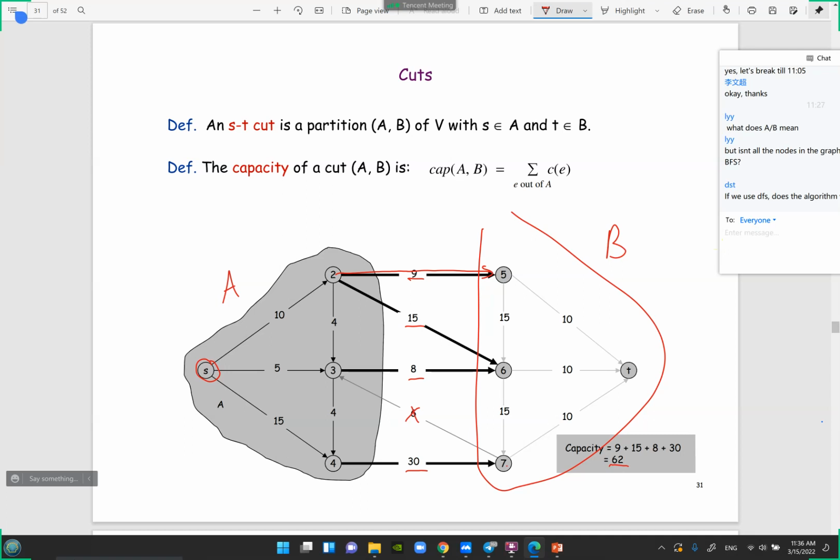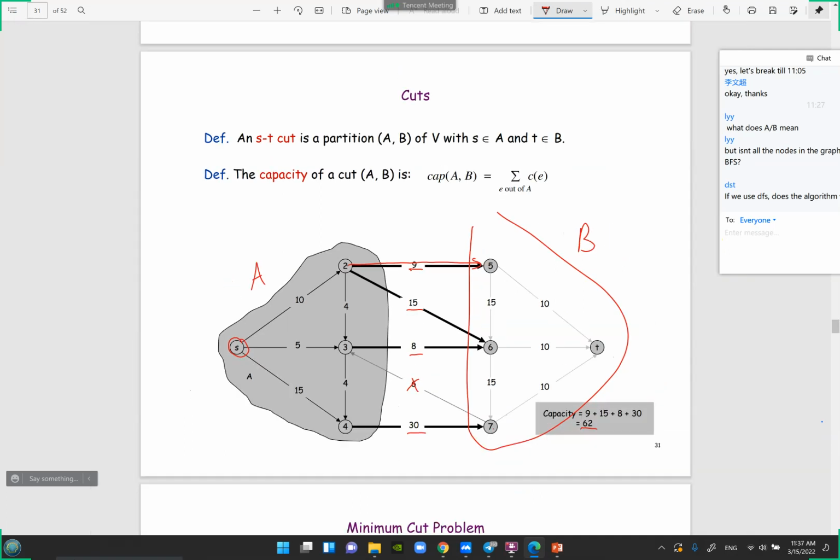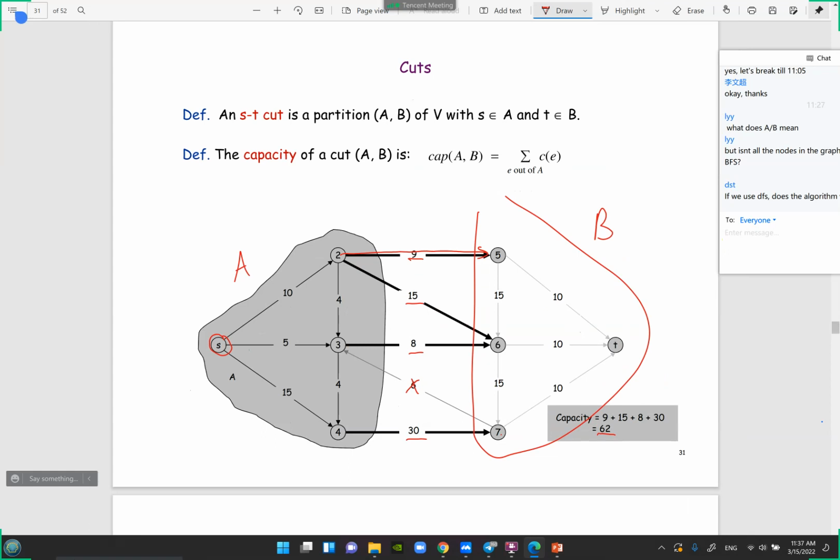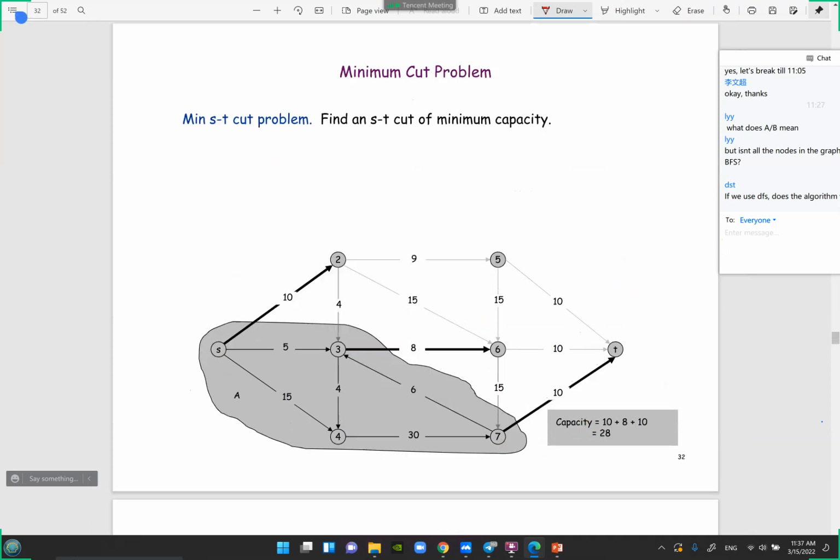So for the ST cut, you can partition this set of vertices into any sets A and B, and the capacity of that particular cut is the sum of all of the edges going out from A.